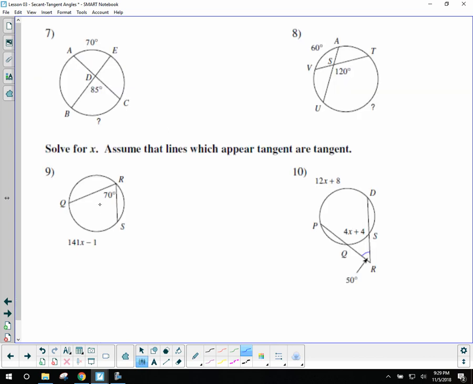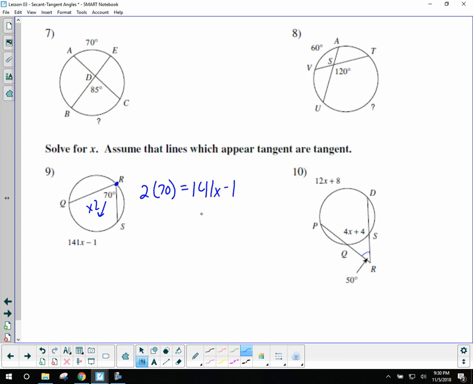This vertex is on the circle, which means you would have to times the 70 by 2 to get that answer. So in hindsight, you should be going 2 times 70 should equal 141 x minus 1, and then solve for x. Okay? Just because they look scary doesn't mean you can't solve them.